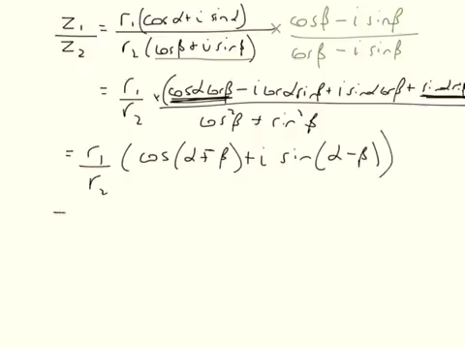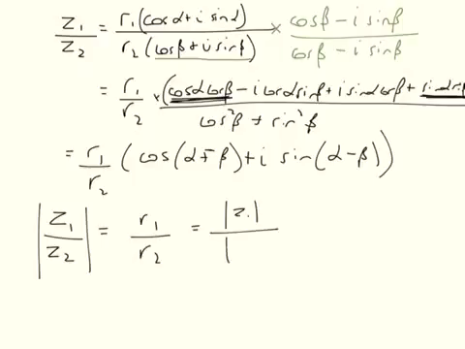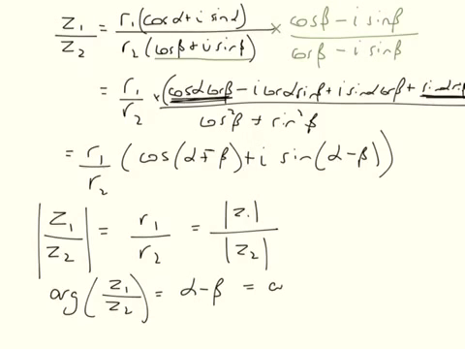So here, if I want the mod of Z1 over Z2, it becomes R1 over R2, which is the mod of Z1 divided by the mod of Z2. And my angle, so my argument of Z1 over Z2 is alpha minus beta, which is the argument of Z1 minus the argument of Z2.